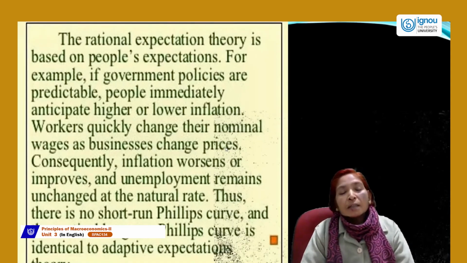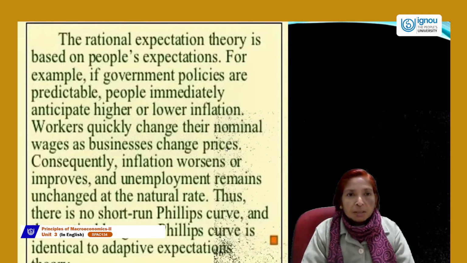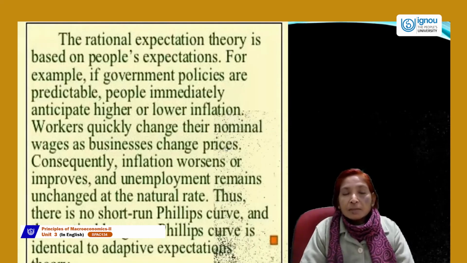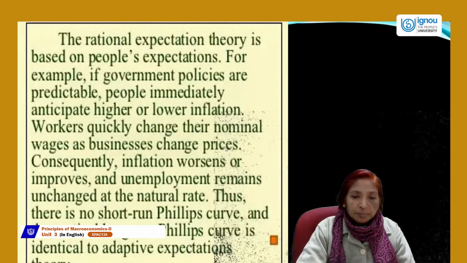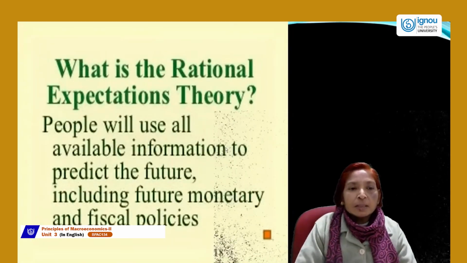We will make decisions rationally. We will collect all the information, and by seeing that information, we will make decisions. We will take decisions rationally. That is called rational expectations. Now, next is what is the rational expectation theory?